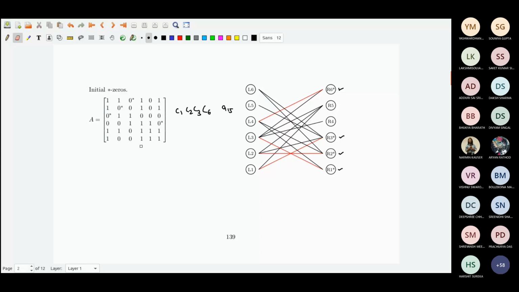So when I ask whether there is a 0 star in its row, a similar question over here is whether this line is adjacent to L1. So I have selected L1 to R5.